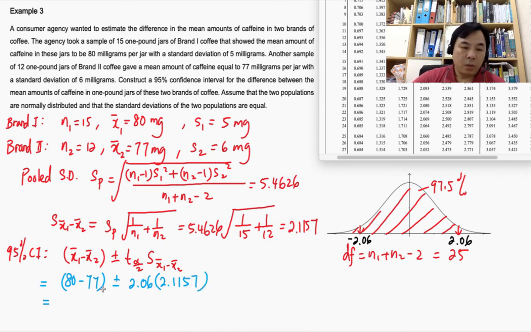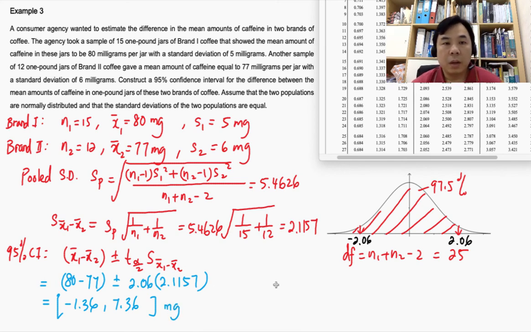Okay, and then once you calculate this, you will end up, I have already pre-calculated this, with negative 1.36 to 7.36 milligram. So I'll write down the unit at the side here, milligram.